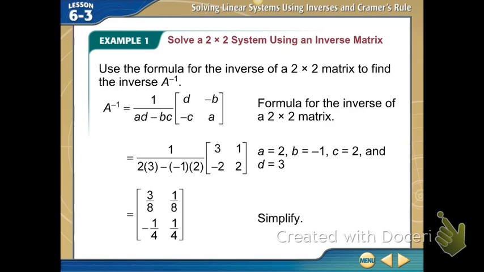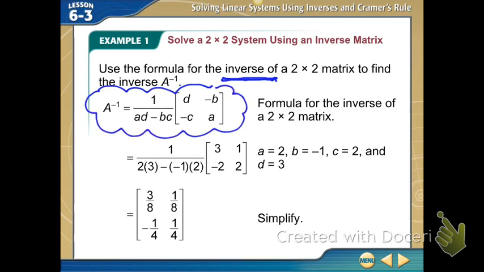So now we want to find the inverse matrix so that we can multiply both sides by the inverse matrix. We need to use the formula that we were given for the inverse of a 2 by 2, right?